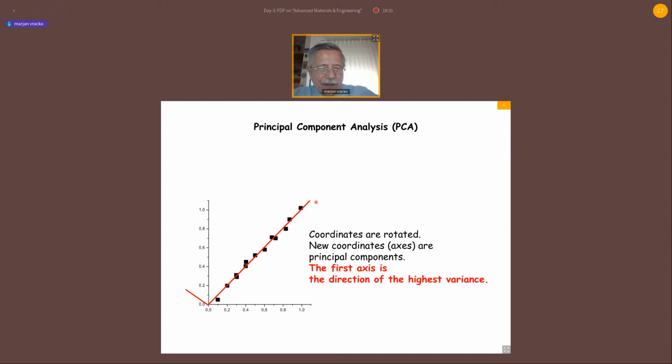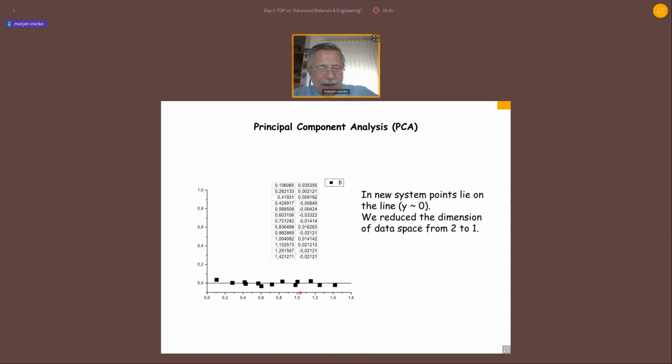It means in this direction, and of course, with this rotation, if we rewrite our coordinates, we can see that they are almost all on one line. We can neglect the second one, and so what we actually did was a reduction from two-dimensional space to one-dimensional space.